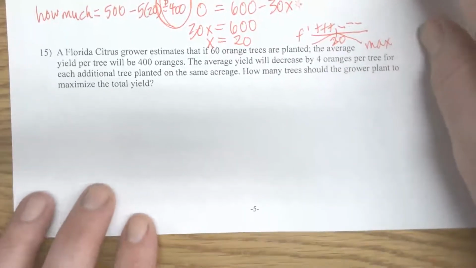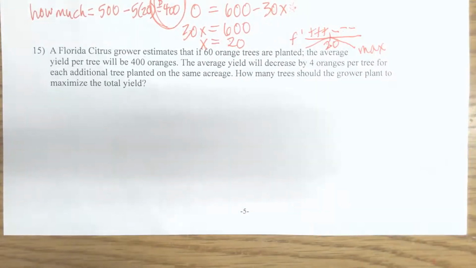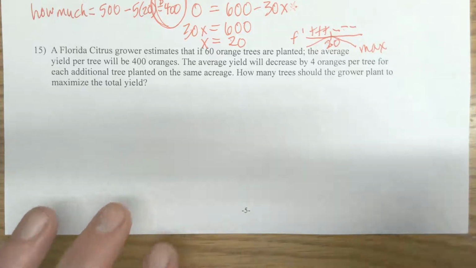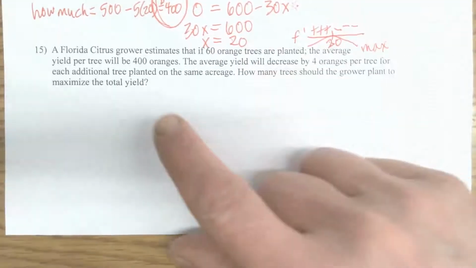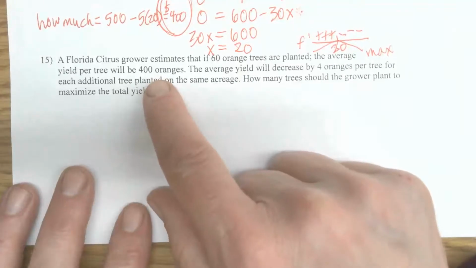How many, how much? This one is a Florida citrus grower. A Florida citrus grower estimates that if 60 orange trees are planted, they should get about 400 oranges per tree.